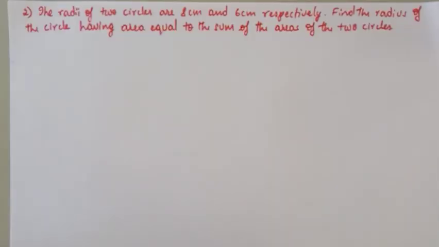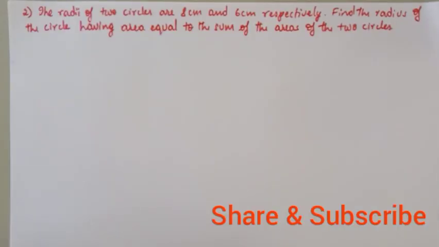Second problem: the radii of two circles are 8 cm and 6 cm respectively. Find the radius of the circle having area equal to the sum of the areas of the two circles. First, let me calculate the area of the first circle with 8 centimeter radius.